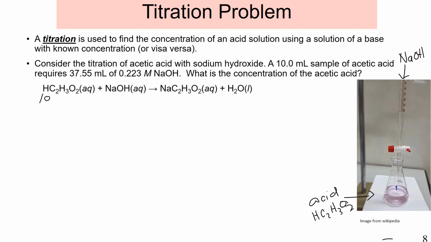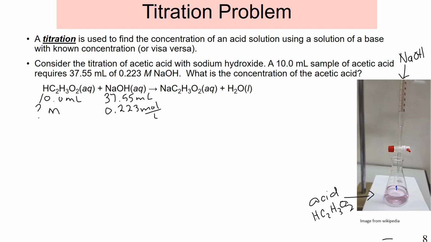So we know we have 10.0 milliliters of acetic acid requires 37.55 milliliters of sodium hydroxide, and its concentration is 0.223 molar. And remember, molar means moles per liter. And what we're trying to find is the molarity, or the moles per liter, of the acetic acid.